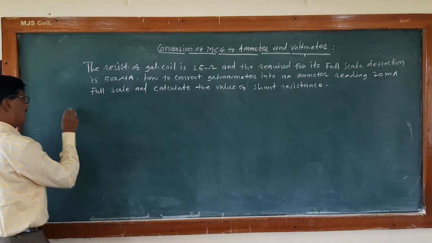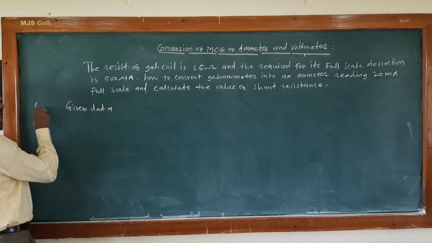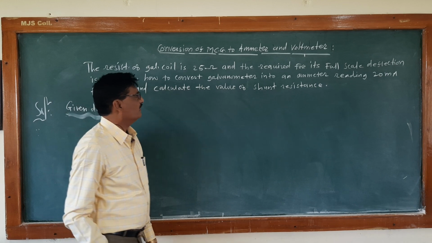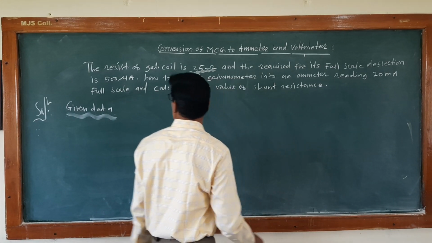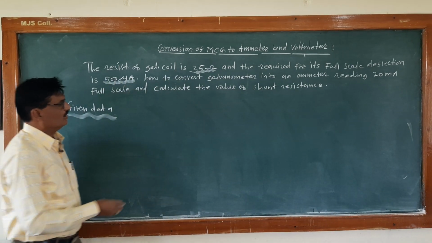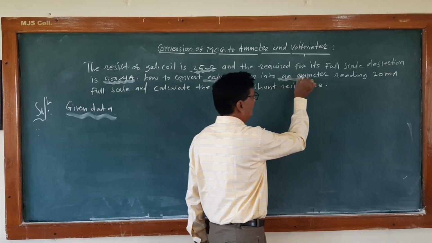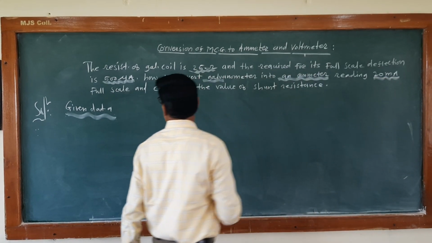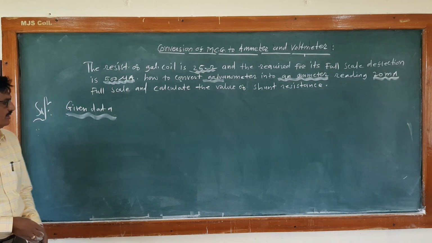Read this example carefully. First of all, given data. The resistance of the galvanometer coil is 25 ohm and the current required for its full scale deflection is 500 microampere. How to convert the galvanometer into an ammeter reading 20 milliampere for its full scale deflection, calculate the value of shunt resistance.